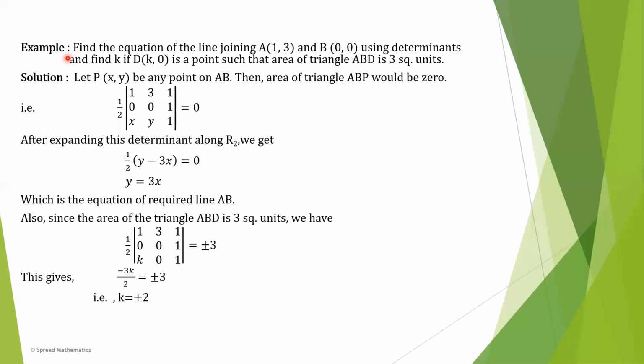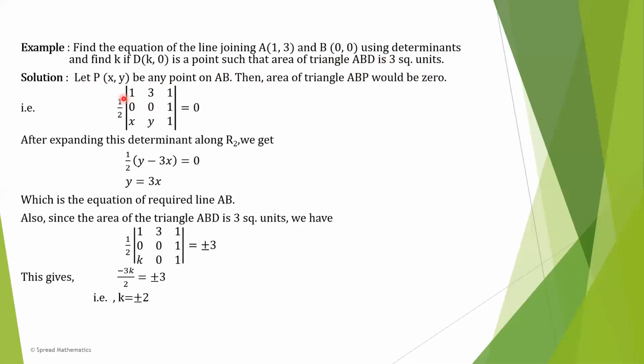Now, another example: find the equation of the line joining A and B whose coordinates are (1, 3) and (0, 0) using determinants, and find k if D, whose coordinate is (k, 0), is a point such that the area of triangle ABD is 3 square units. So let's start. Let P, whose coordinate is (x, y), be any point on AB, then the area of triangle ABP would be 0.